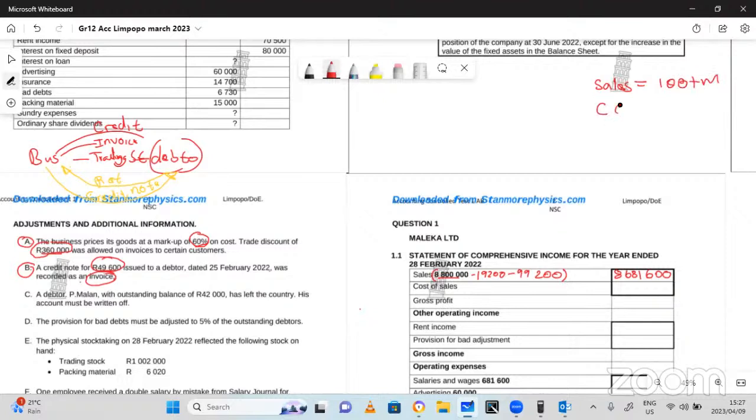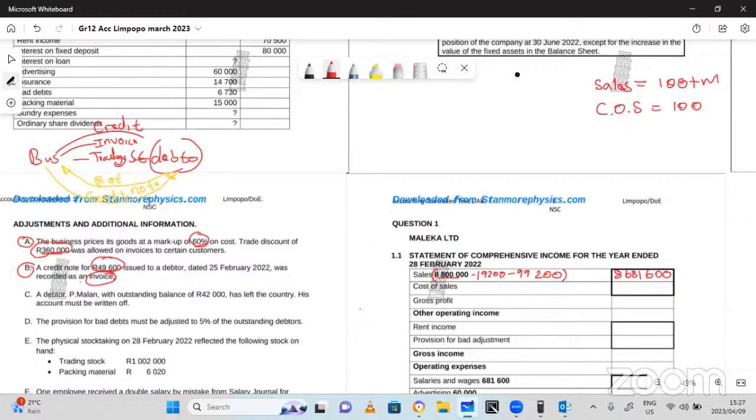Then the cost of sales will always be equal to 100%. So this is the ratio, the proportion of our sales and cost of sales.